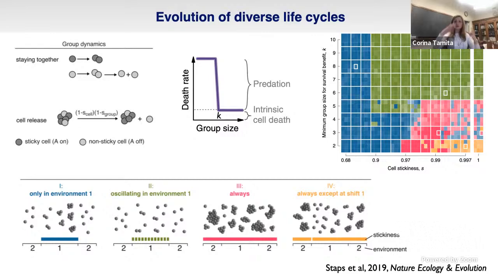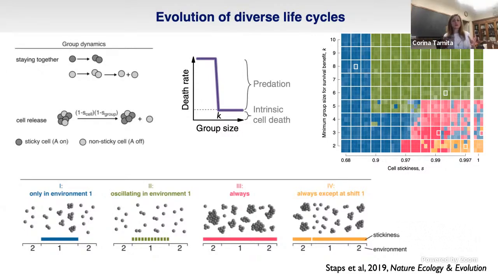And so that one grows very, very large groups. And every once in a while, it produces a single cell, and that single cell immediately starts to grow again because it is also sticky, because it is always expressing gene A.